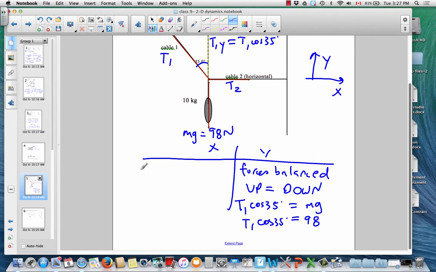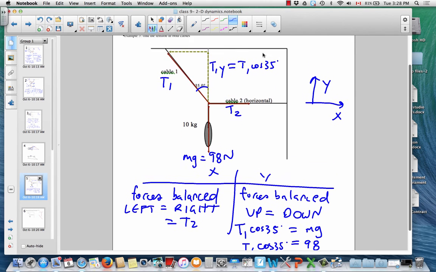That's great. Let's also analyze forces in the x direction, because the forces are balanced here too, because it's not moving. So in the x direction, left forces will have to balance right forces. So what acts to the right? Well, the only right force is this cable pulling to the right. That's tension 2. How about to the left?